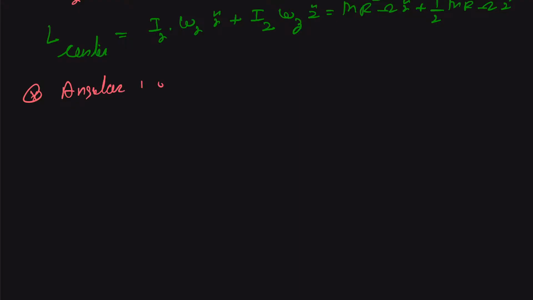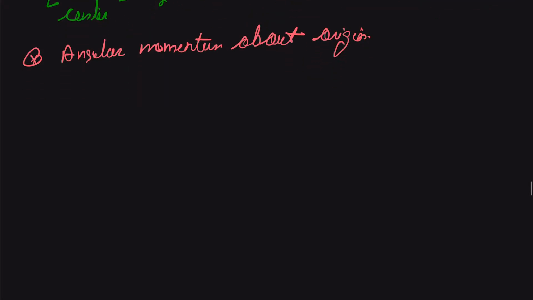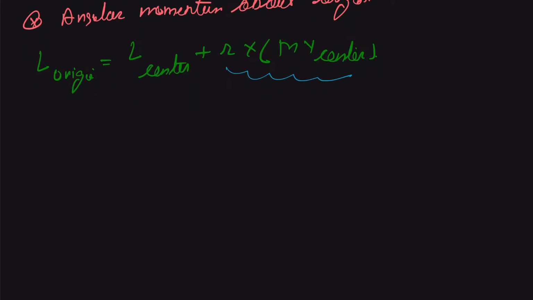Angular momentum about the origin. For the parallel axis theorem we can write that the angular momentum about the origin will be equal to the angular momentum about its center plus r cross m multiplied by the velocity of our center. Let us calculate this part.